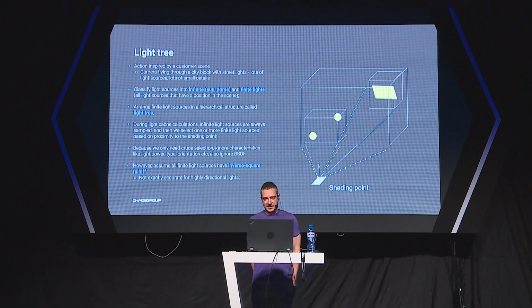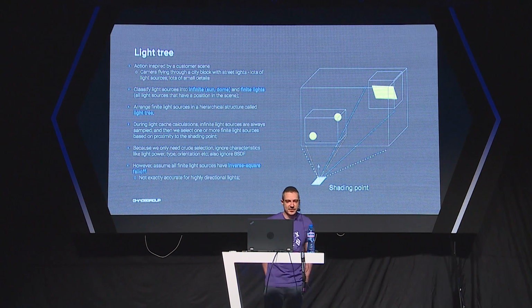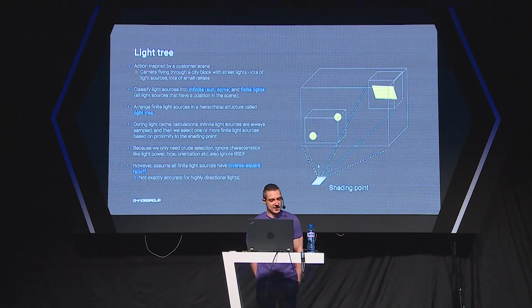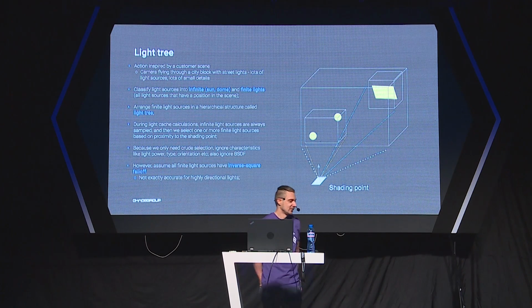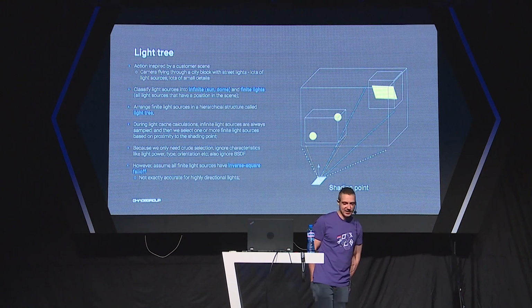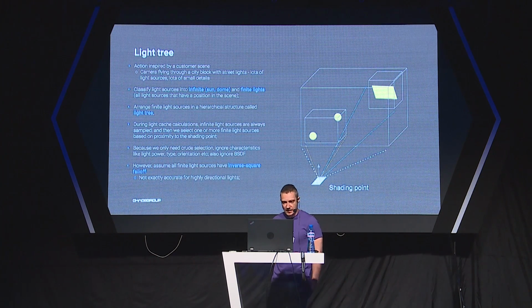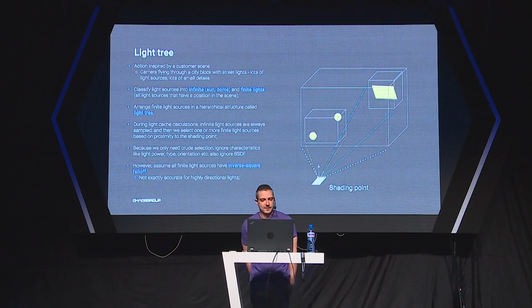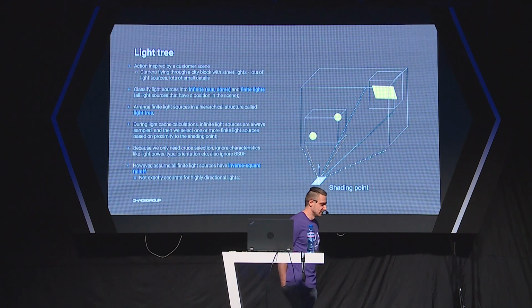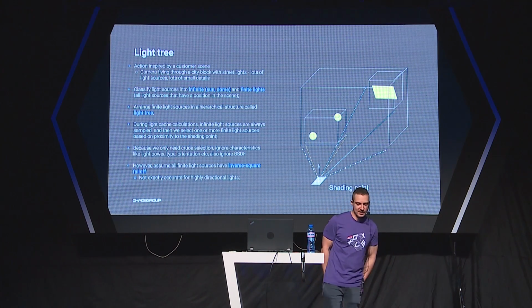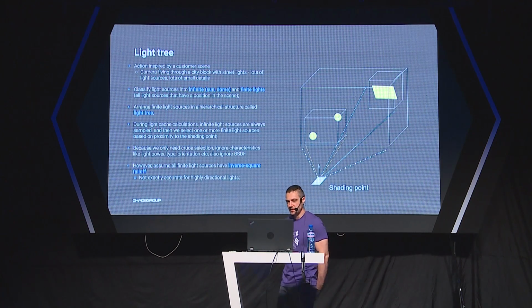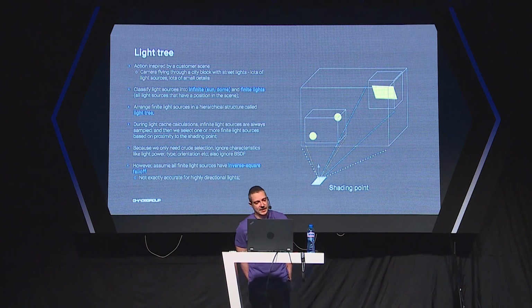And for all the other lights, we traverse this binary tree, trying to estimate how much each branch of this tree contributes to the shading point. And we only take into account the position of the light source and its bounding box. We don't care about anything else.